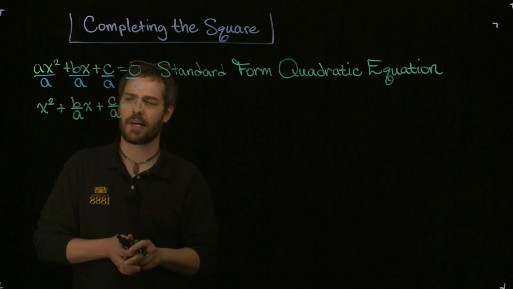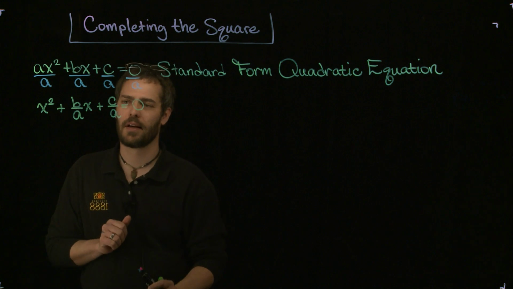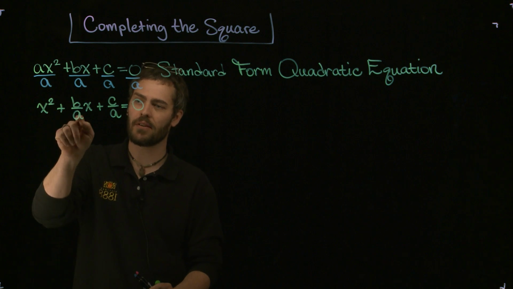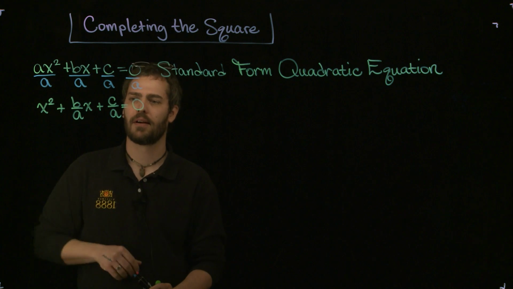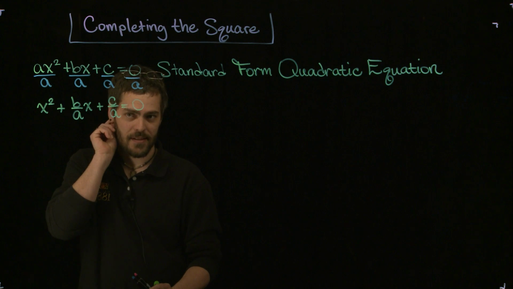And remember, what we're asking ourselves now is, does the constant term, in this case c over a, represent half of this middle coefficient b over a squared? Well, since I don't know what b and c are, I can't really say that it does.